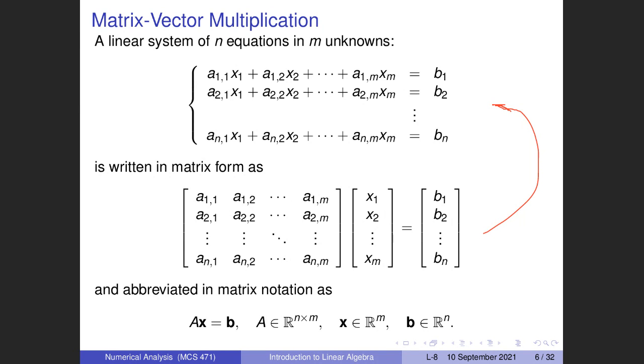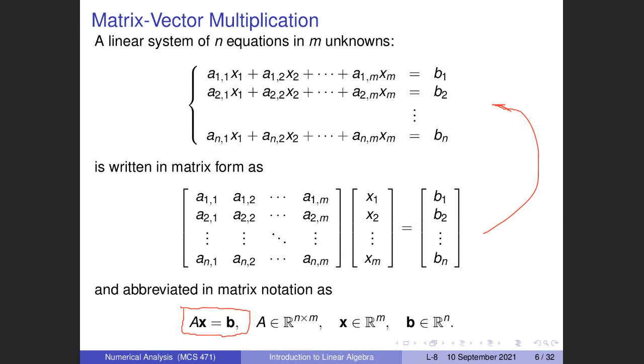So you read this matrix form from right to left: you say that b equals A times x, instead of saying A times x equals b, which is the matrix equation. You look at the formulas as you would see them if you performed the matrix-vector multiplication.